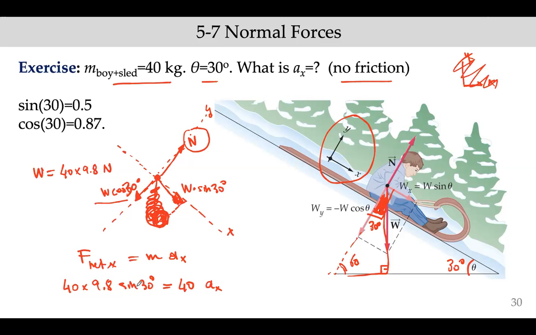From here, if you divide both sides by 40, you find a_x is approximately half of 9.8, so it'll be 4.9 meters per second squared. So this is the answer. This is the acceleration of the boy down in the x direction.